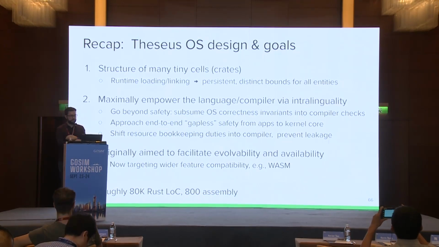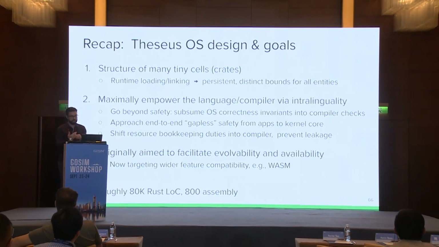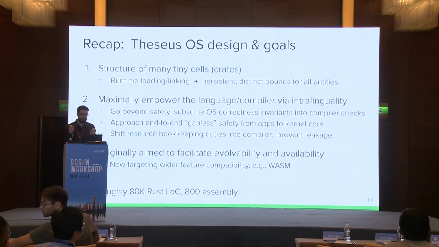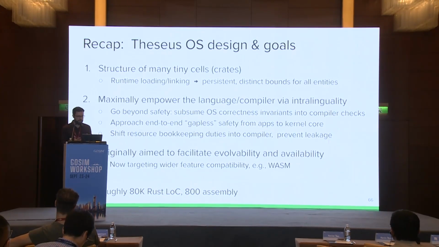We really strive to leverage the language and empower the compiler to check all of the semantic and safety guarantees in an end-to-end, almost gapless manner, all the way from the very top applications to the low level of the kernel. And then, of course, we use our unwinder to shift resource bookkeeping and to prevent leakage, which is something that Rust safety alone does not do.